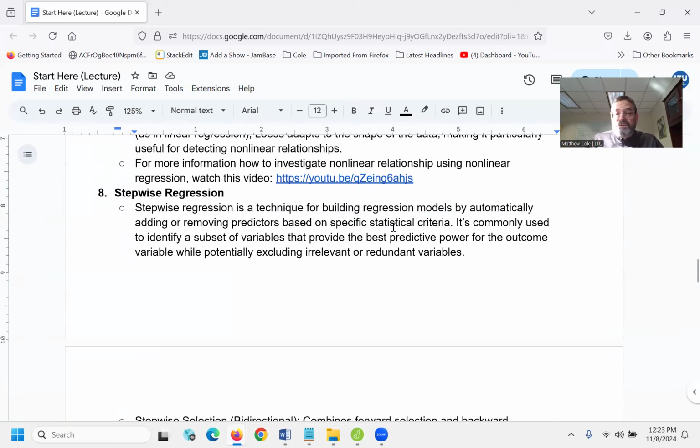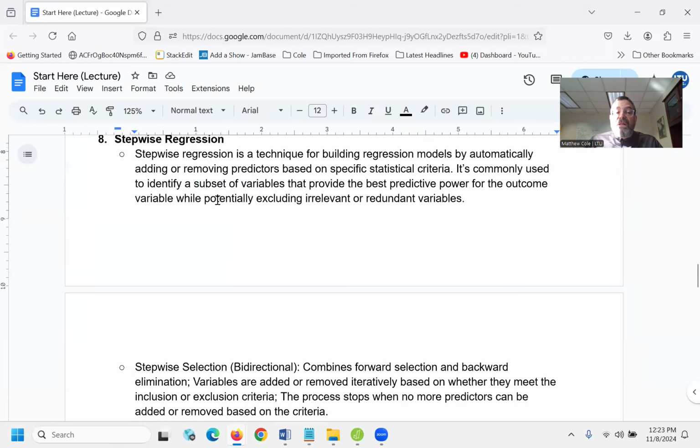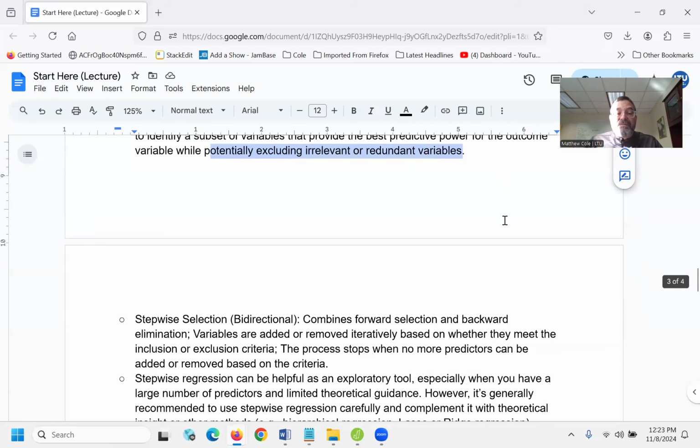We will see when we get into JASP, but think of the criteria as: if adding the predictor is not improving the model at some level of significance, then we won't add it. And it's happening automatically. It's commonly used to identify a subset of variables that provide the best predictive power for the outcome variable, while also potentially excluding irrelevant or redundant variables.